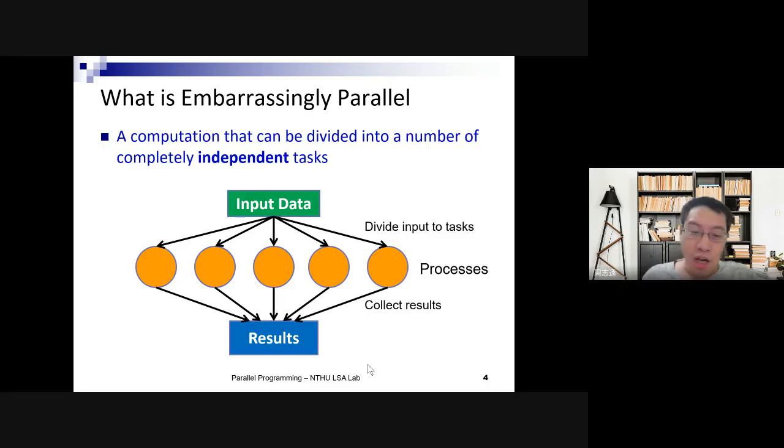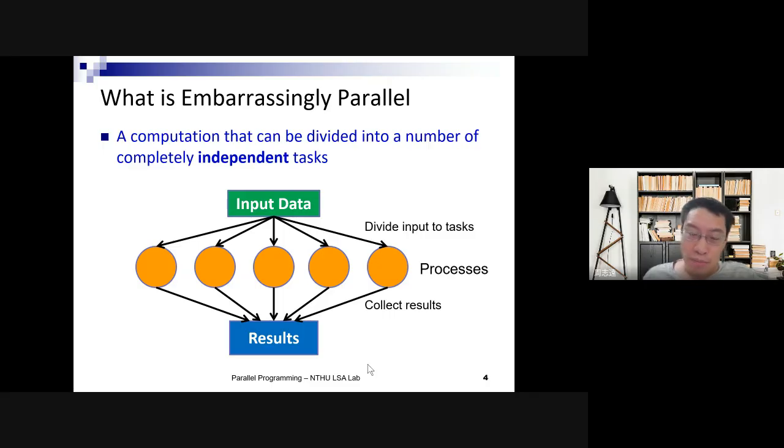Also, it's an ideal case, but of course, this is also probably the most commonly sought case for parallel computation. Because if your computation is, or could be, an embarrassingly parallel computation, that probably implies you can achieve great scale-up and very efficient parallel computations.